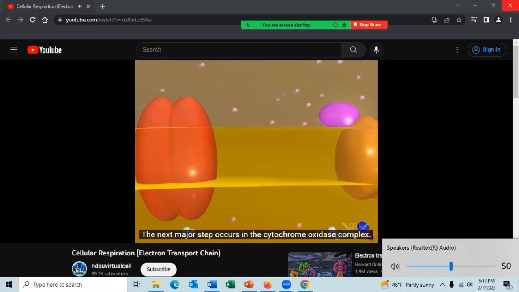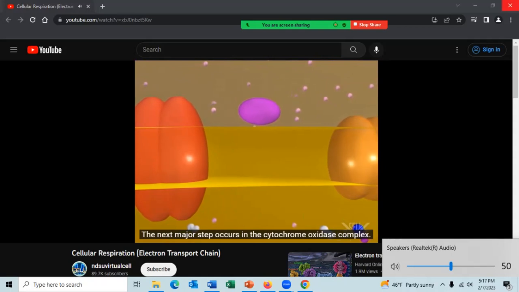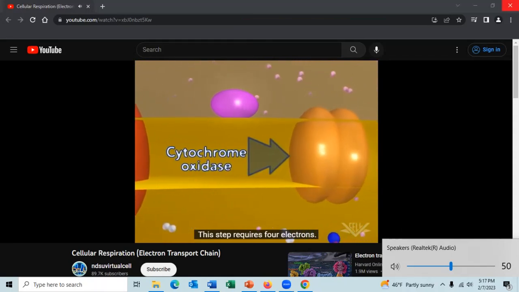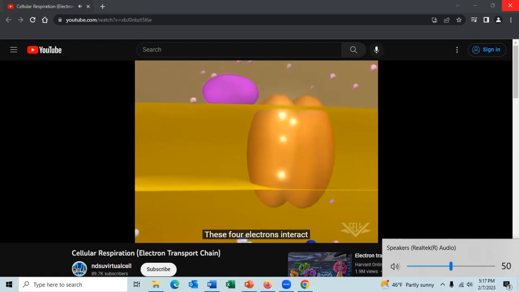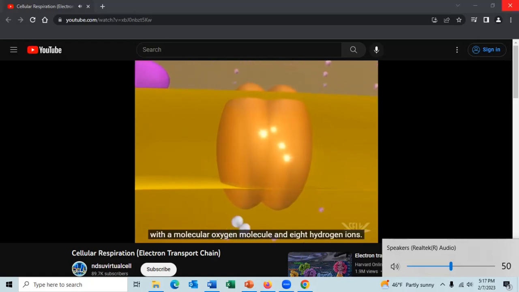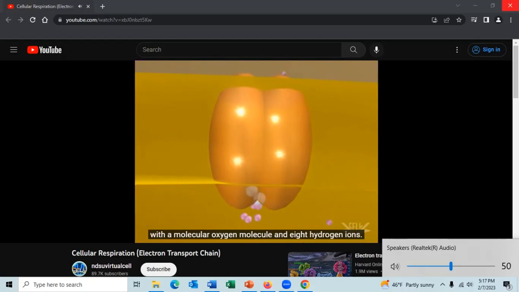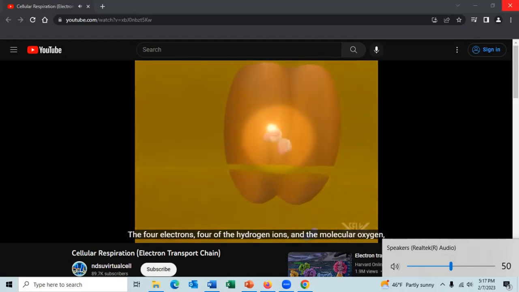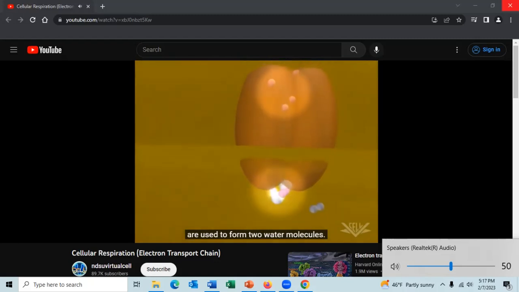The next major step occurs in the cytochrome oxidase complex. This step requires 4 electrons. These 4 electrons interact with a molecular oxygen molecule and 8 hydrogen ions. The 4 electrons, 4 of the hydrogen ions, and the molecular oxygen are used to form 2 water molecules.